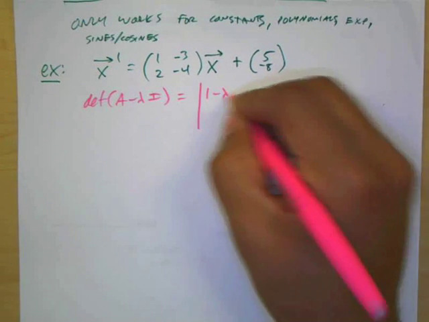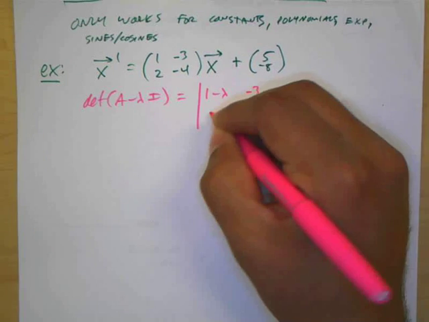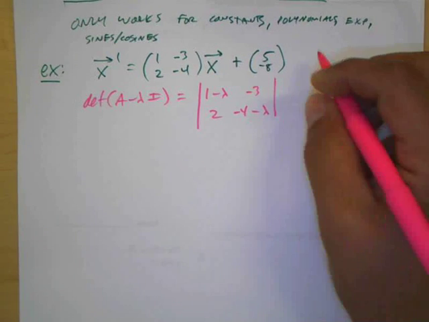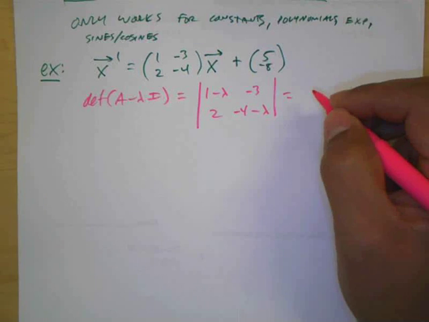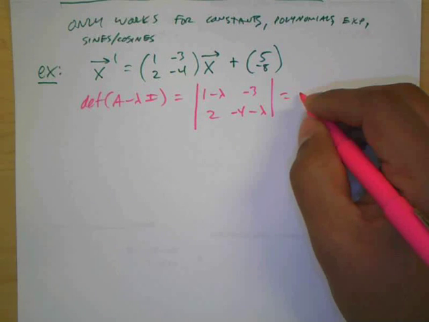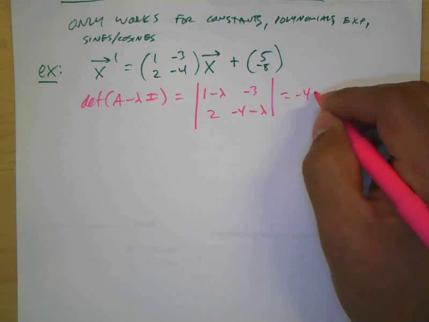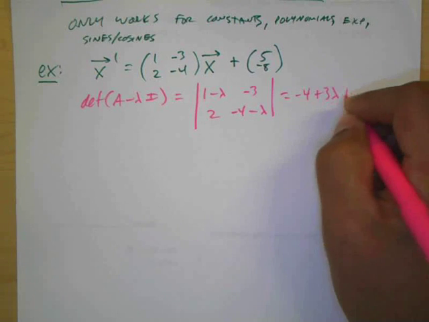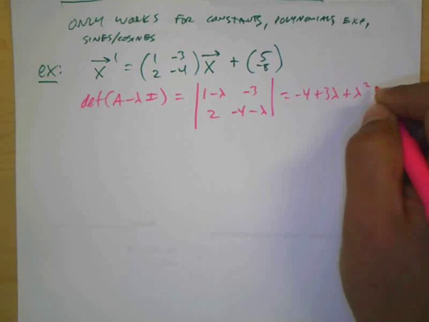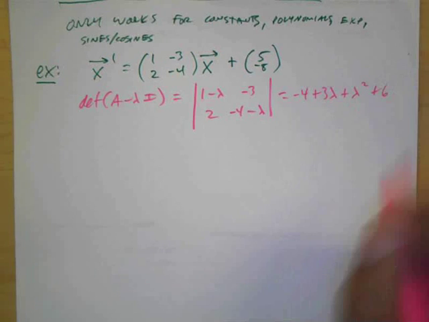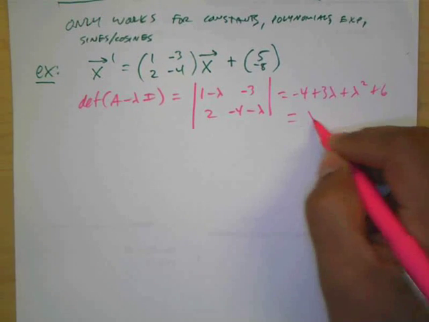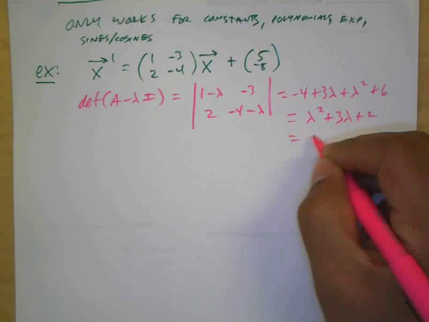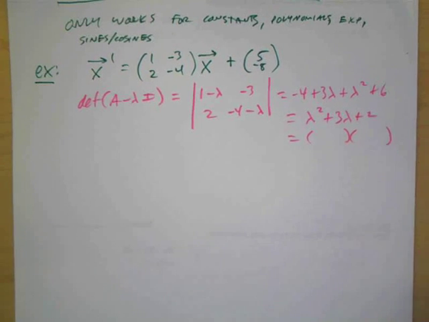So that's the determinant of 1 minus lambda, negative 3, 2, negative 4 minus lambda. Multiplying that out, we get negative 4 plus 3 lambda plus lambda squared plus 6, which is the same as lambda squared plus 3 lambda plus 2, which factors?